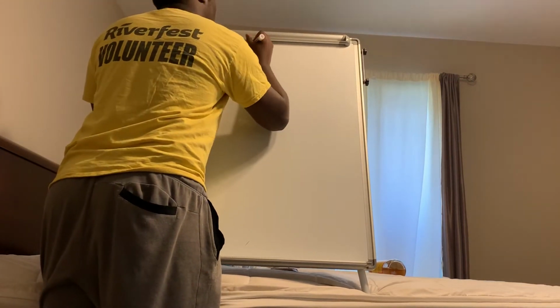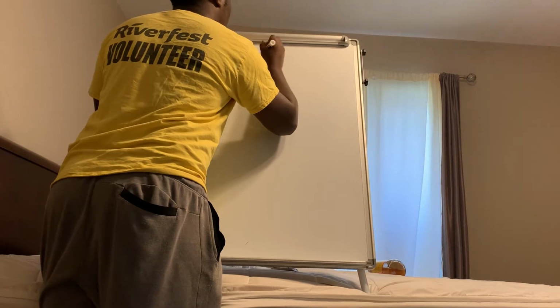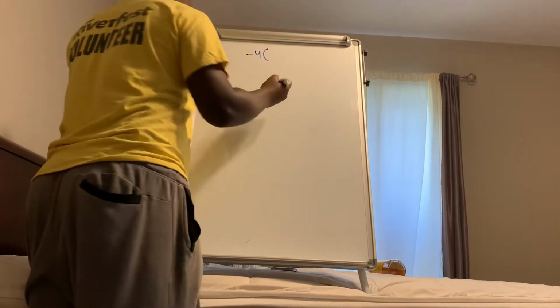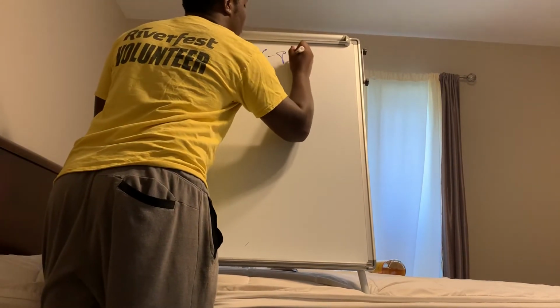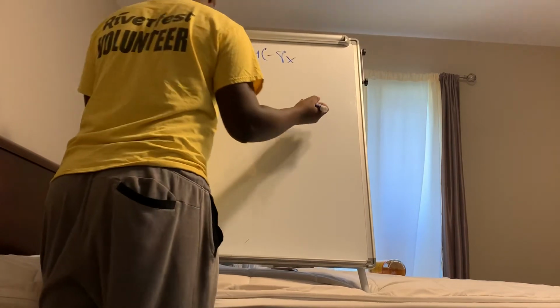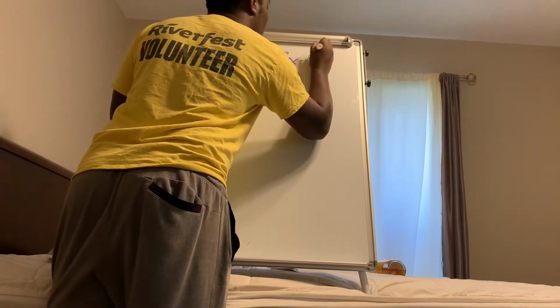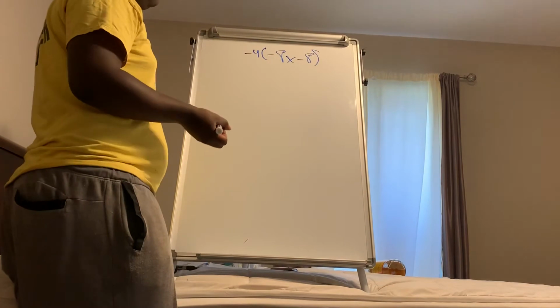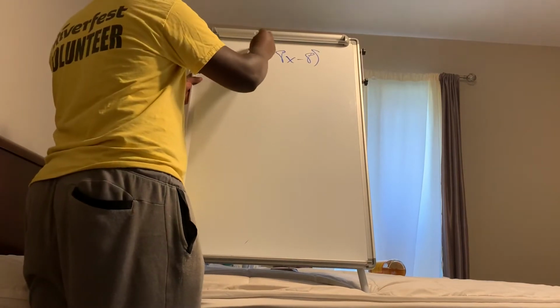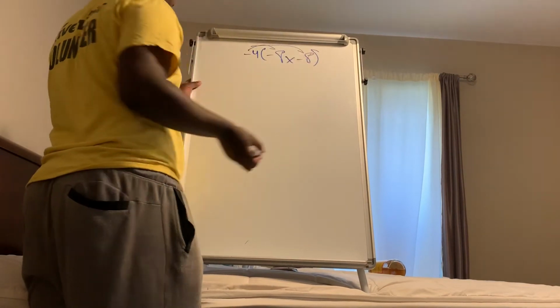Next, we have -4. In parentheses, we have -8x minus 8. Okay, so we're going to use the distributive property again.